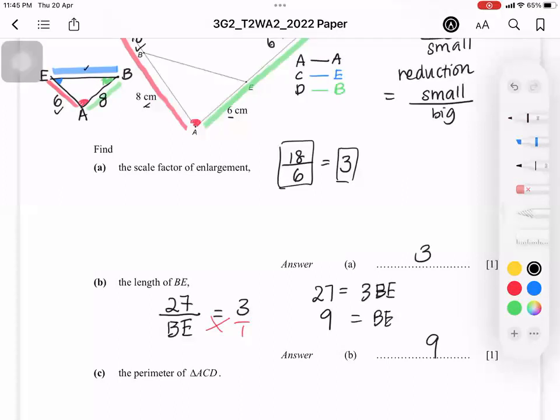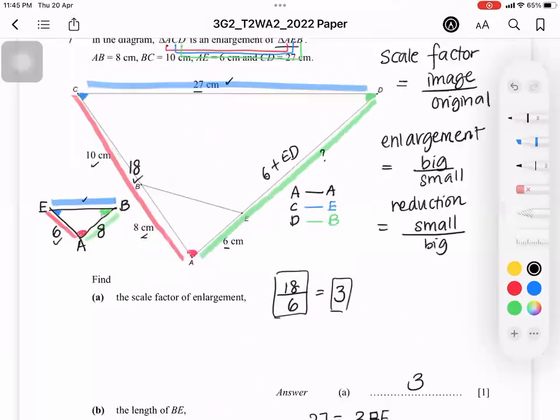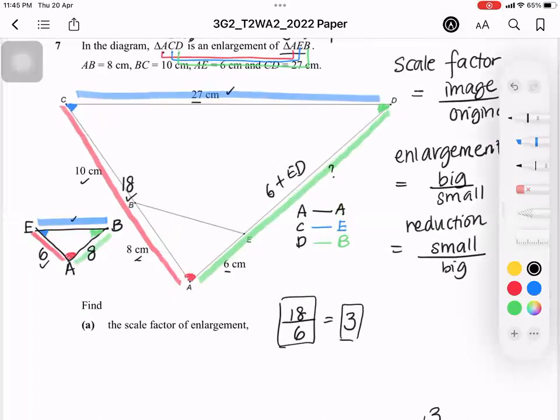Okay, next one, they asked me to find the perimeter of triangle ACD. So I got 18, I got 27. Oh, something is missing. This part here is missing. Actually, I don't need to find this part. What do I know? I know this is an enlargement. I got the green portion over here, and the green one is 8. The scale factor for enlargement is 3. So if I enlarge 8 by 3 times, what is this whole length?